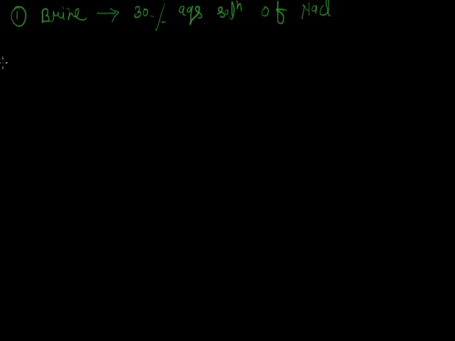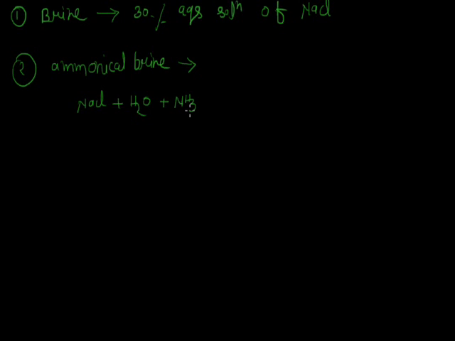Now in the second step, preparation of ammoniacal brine. It means brine solution saturated with ammonia. The reaction is NaCl plus H2O saturated with ammonia, that is NH3.